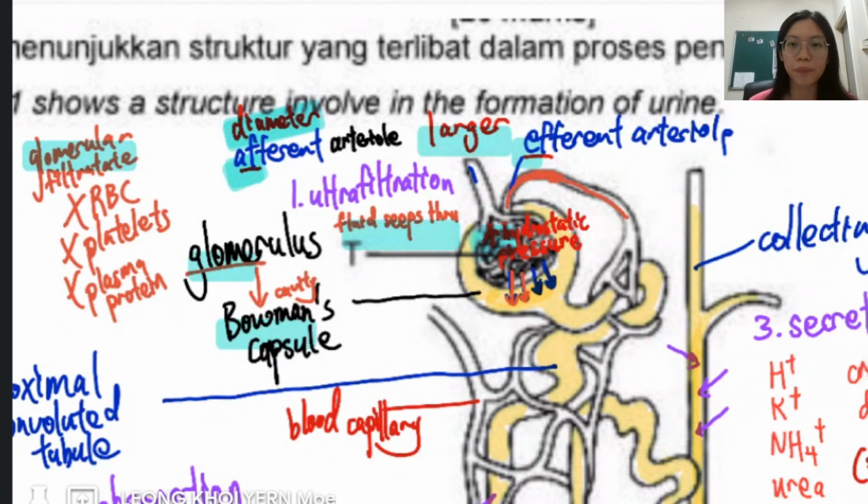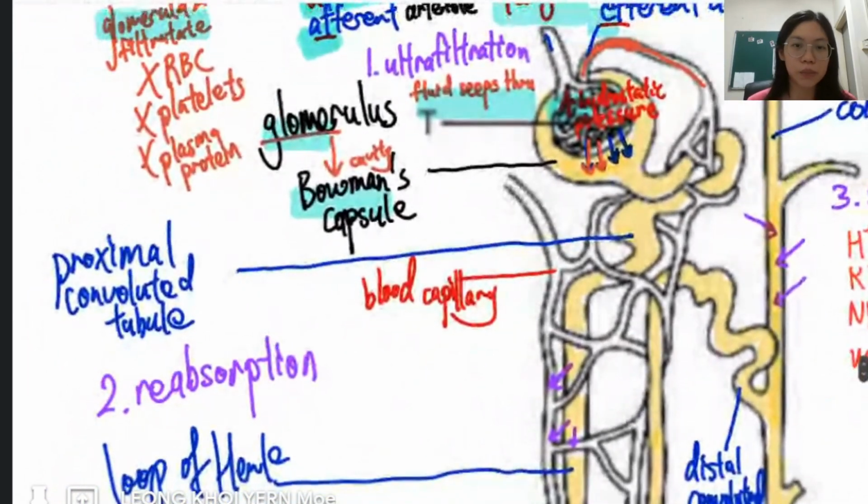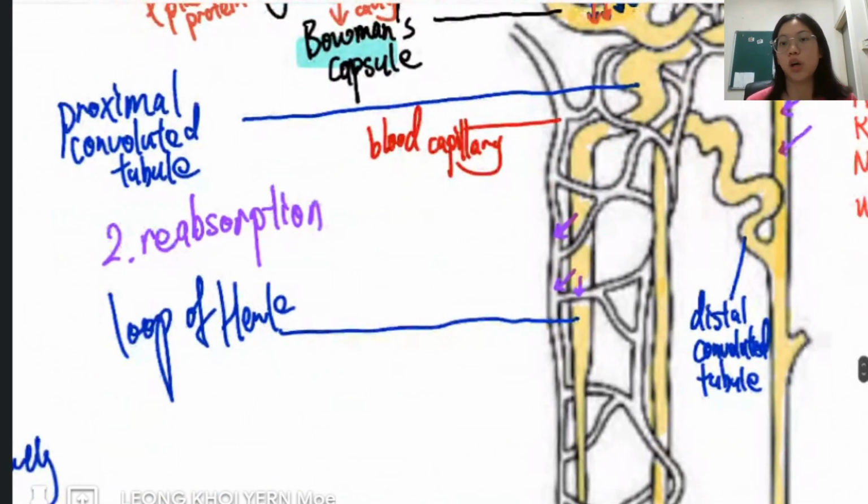Followed by this, the glomerular filtrate enters the proximal convoluted tubule and loop of Henle. During this process, reabsorption will occur. What are the things we absorb into the blood capillary?